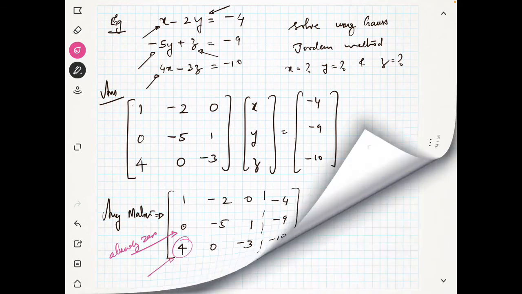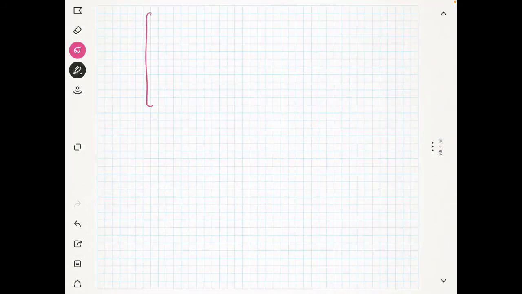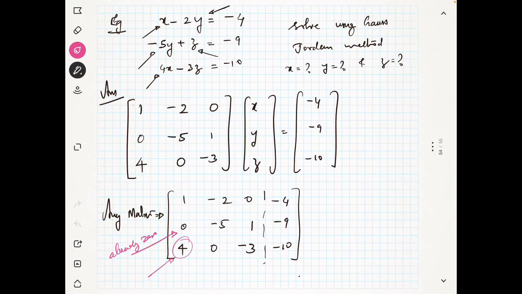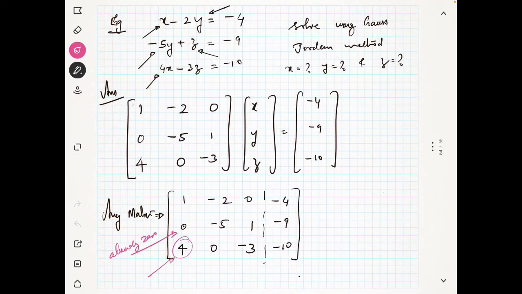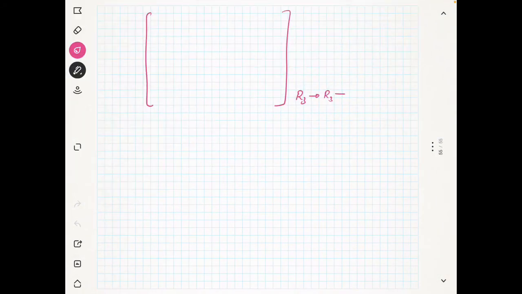So I am going to rewrite all the equations first, and I will change row 3: row 3 is nothing but row 3 minus 4 times row 1. I will make it like this. All others will be the same.